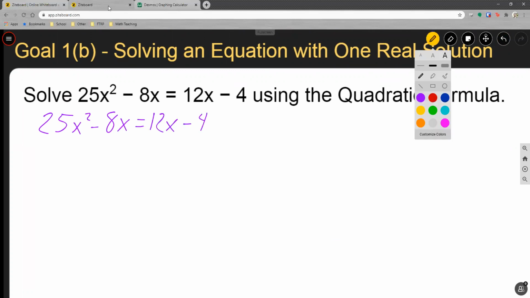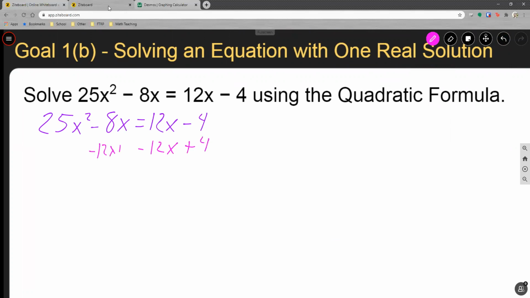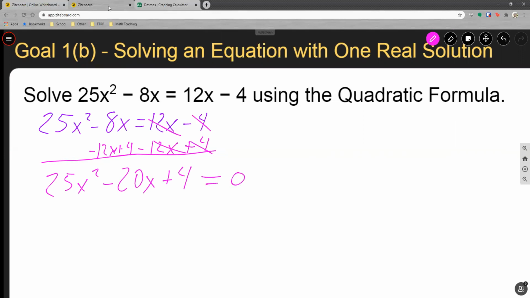Well, let's get stuff all onto one side of the equation. I'm going to subtract 12x from both sides. I'm going to add 4 to both sides. So minus 12x plus 4. These cancel. I've got 25x squared minus 20x plus 4 equals 0.